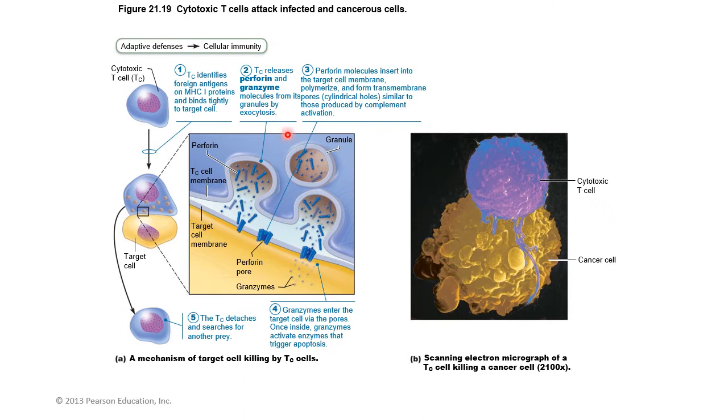The granzymes will actually enter the target cell by pores, and then once they get inside, the granzymes activate enzymes that trigger apoptosis. So the assembly of the pore, the release of the granzymes to initiate apoptosis is what causes the destruction of that particular foreign cell or that particular infected cell. So that's kind of how it works.